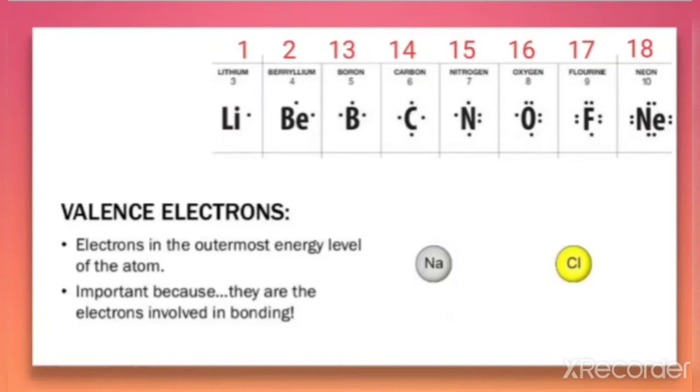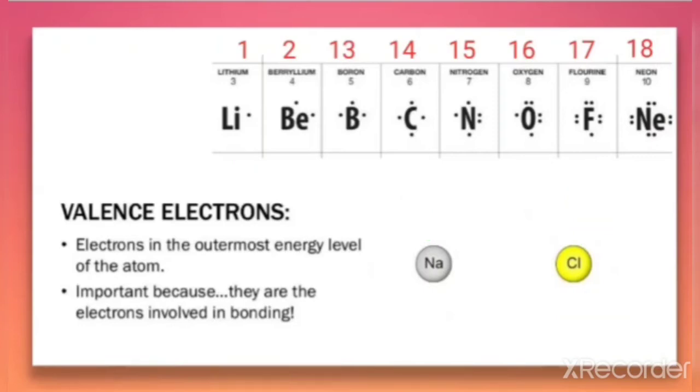Definitely it belongs to group 1. So what will be the number of valence electrons? That will be 1. What about Cl? Chlorine is a halogen, so it belongs to group 17. So 17 minus 10, that is equal to 7, is the number of valence electrons for chlorine.